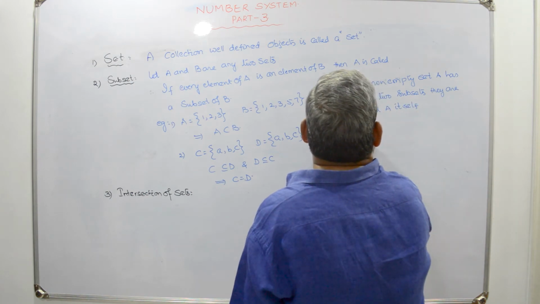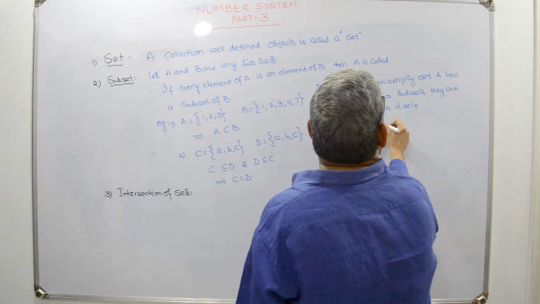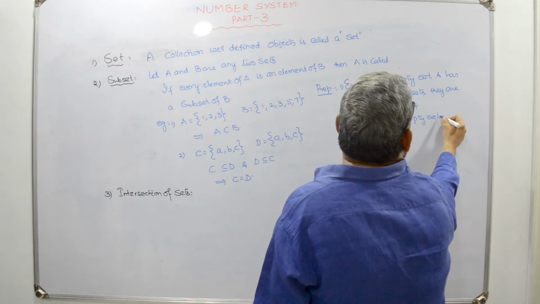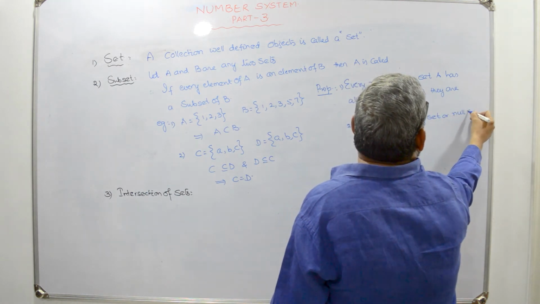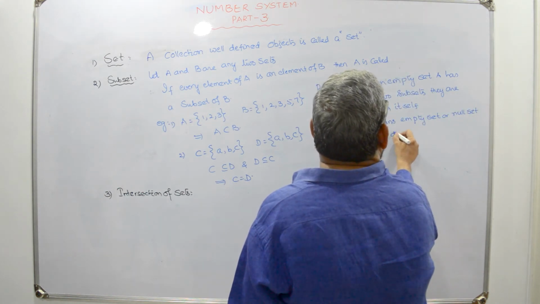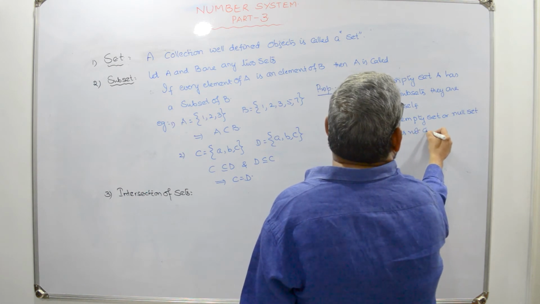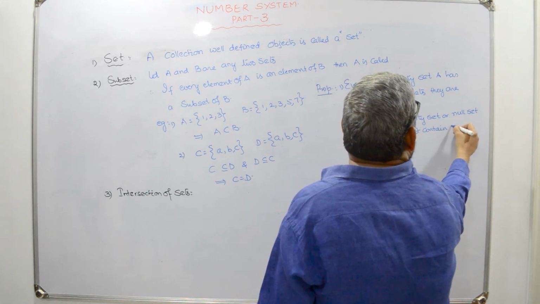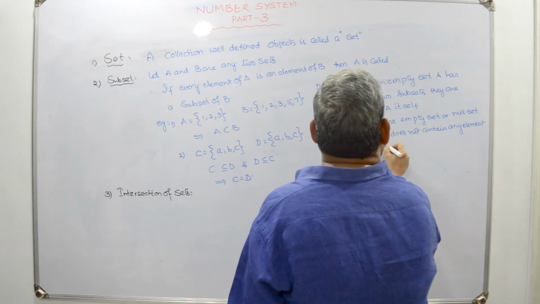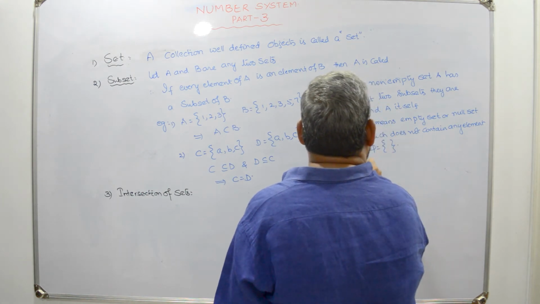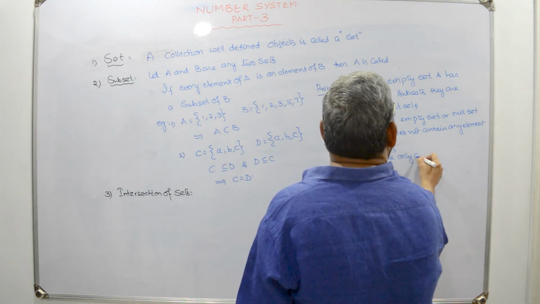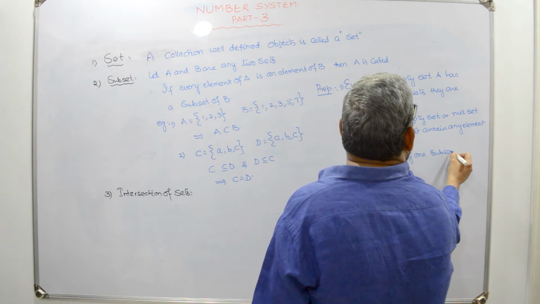Phi means the empty set or a null set, which does not contain any element. Phi is the only subset of phi.